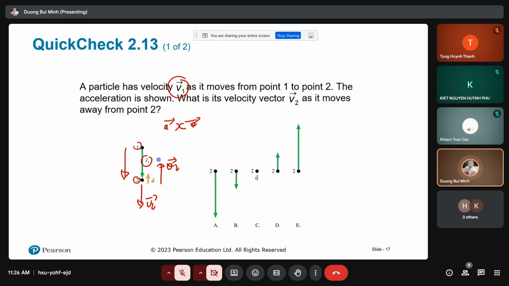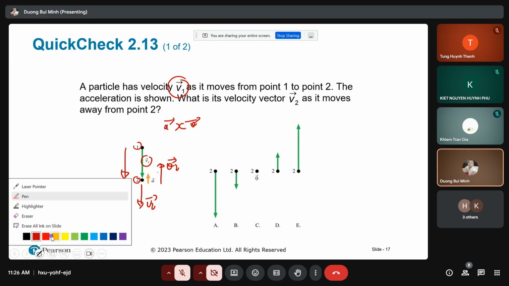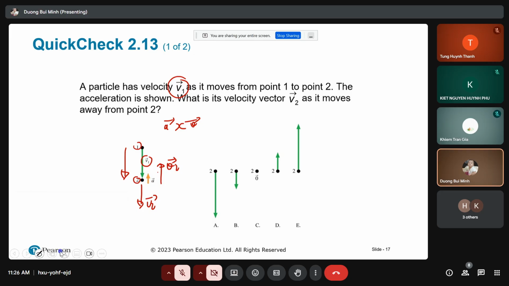So how about vector A is like this? How about vector A like this? Yeah, it will be A, because A and V have the same direction. The same direction.